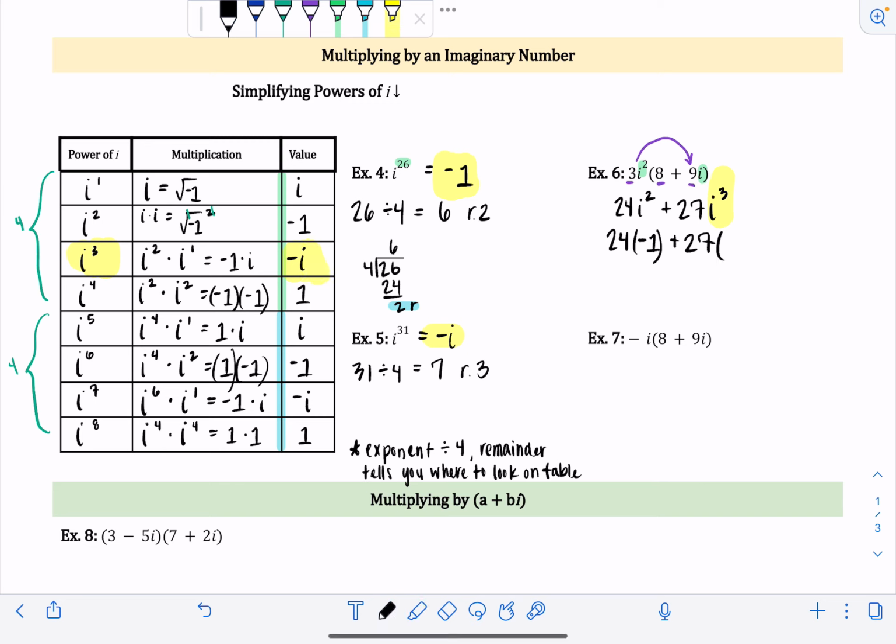So I'm going to replace i to the third power with -i, and then go ahead and simplify those. So it'll be 24 times -1, which is -24. And then 27 times -i would turn into -27i. And then just double check that it's in standard form. So real part first, and then imaginary part second, 24 minus 27i.